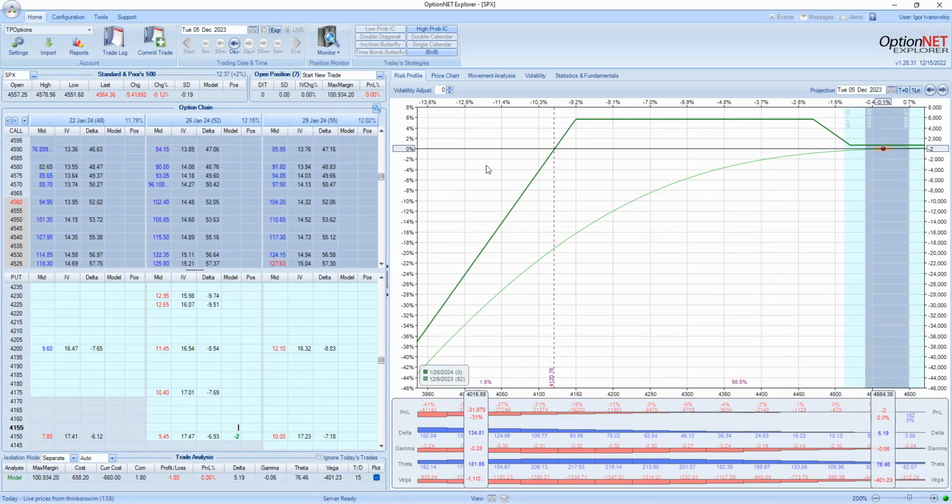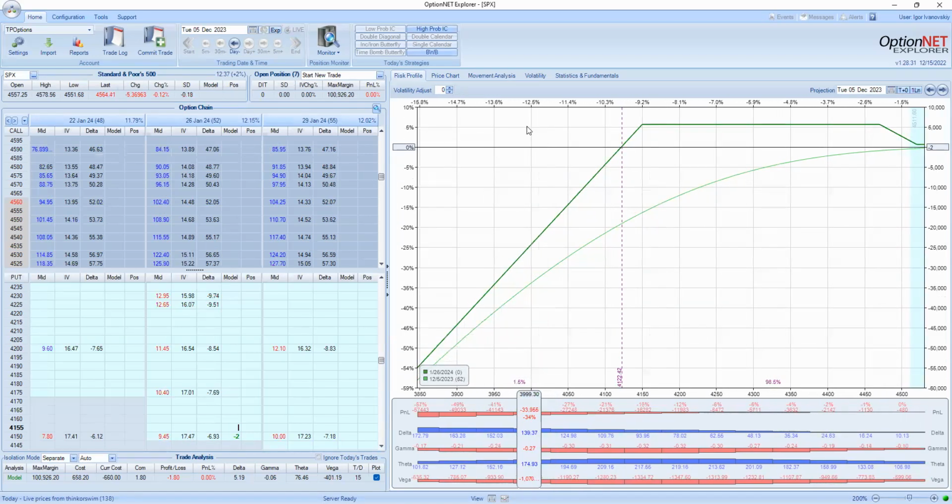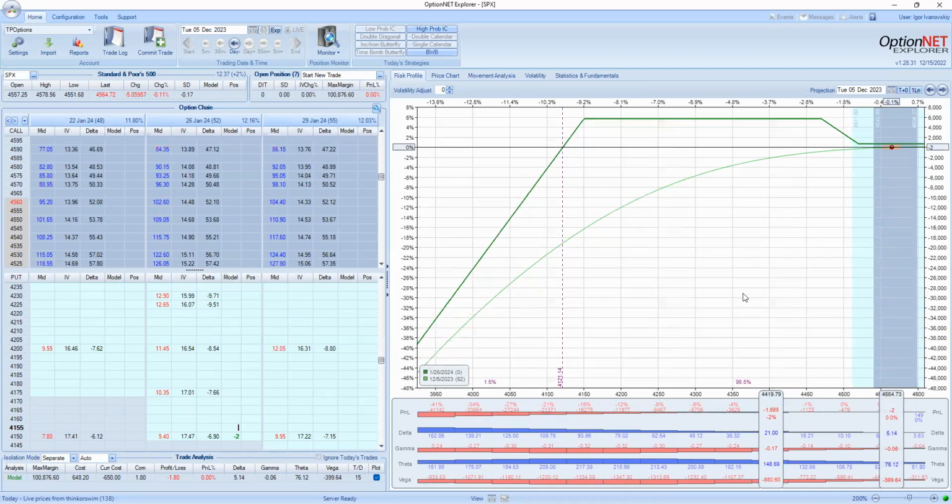So the farther away we put our naked puts, the less buying power our brokers will require us to put up. When we are putting on 112s in a lower, and this is in relative terms, lower IV environment, the broker is going to calculate a higher buying power requirement for this kind of trade.